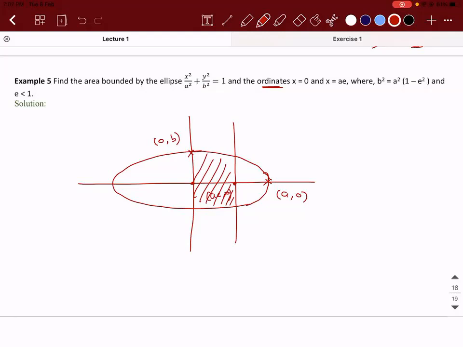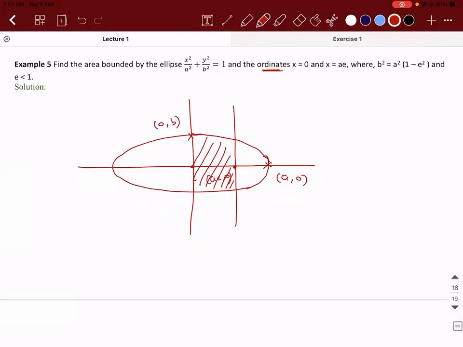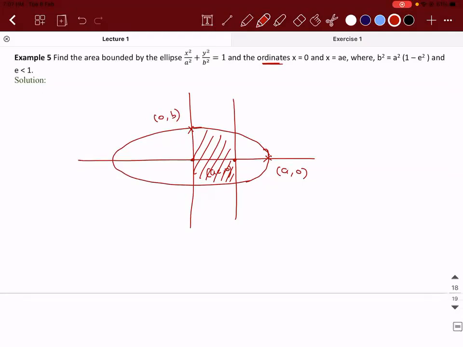How to find? Anybody? So look at the logic. It's very simple. Drop a perpendicular. Correct? So what should be the equation that you're going to frame?